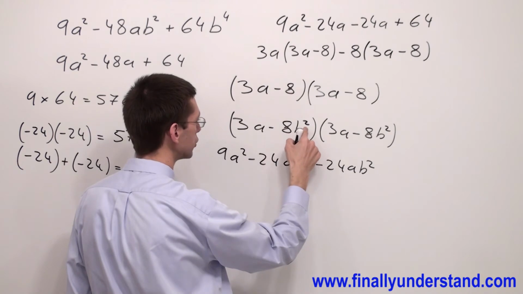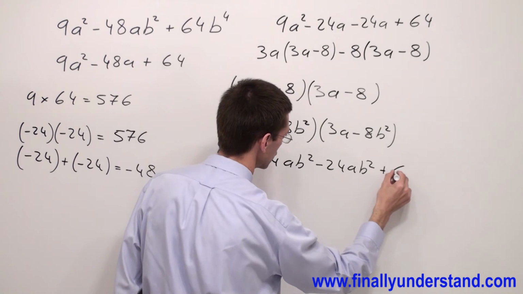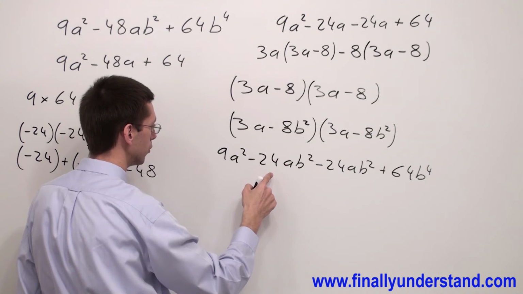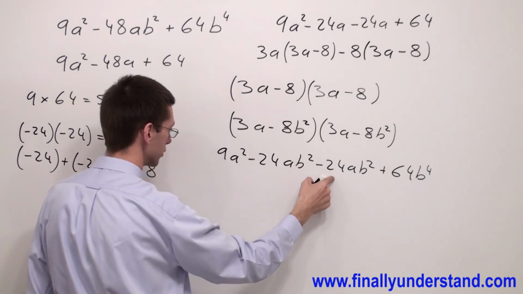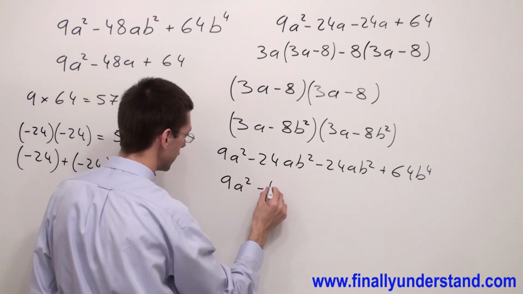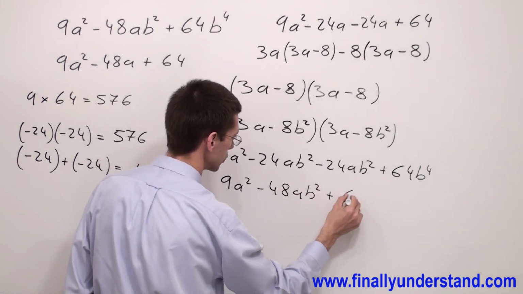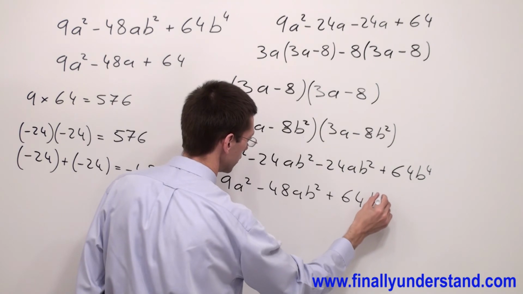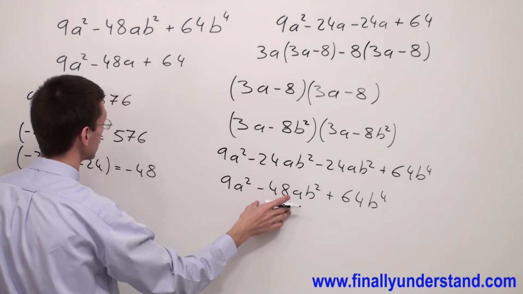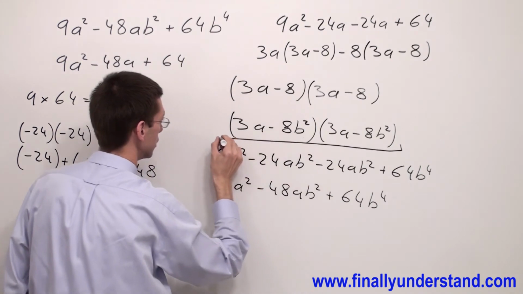Negative 8b squared times negative 8b squared is equal to positive 64b to the 4. Now we're supposed to combine the like terms, and I'm going to have 9a squared minus 48ab squared plus 64b to the 4. As you can see, we got exactly the same expression which we had at the beginning. That's why this is the solution to my problem.